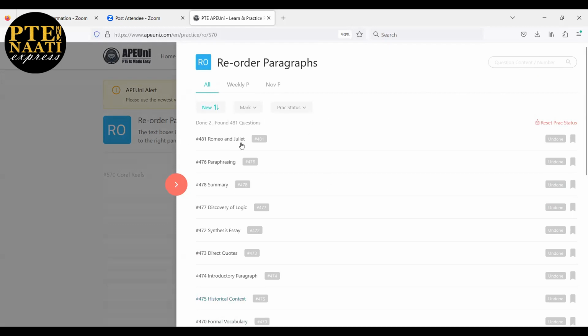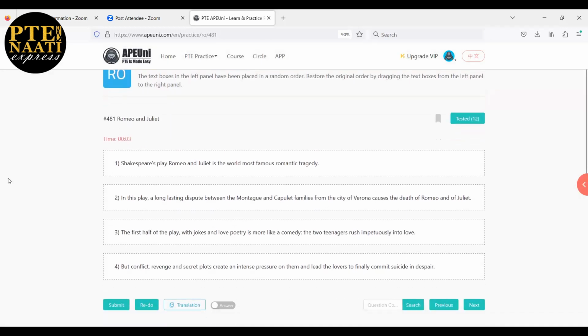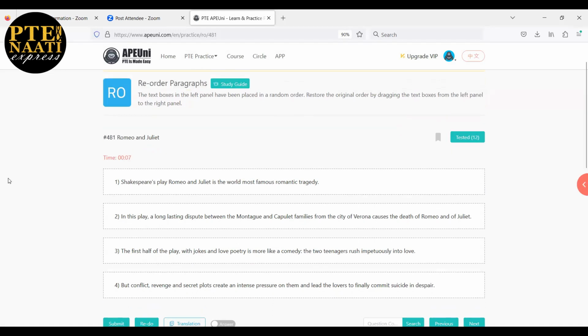The fourth section. This is the reordering paragraph question type coming. These are some sentences. Which one is the first sentence? Check the related second one.